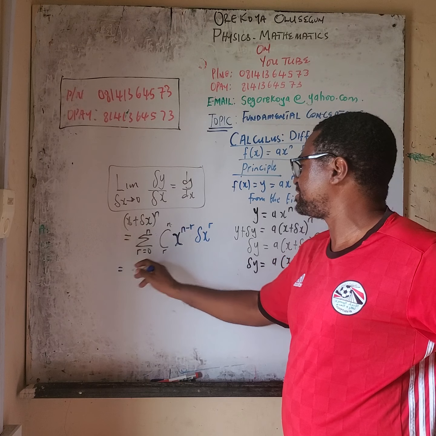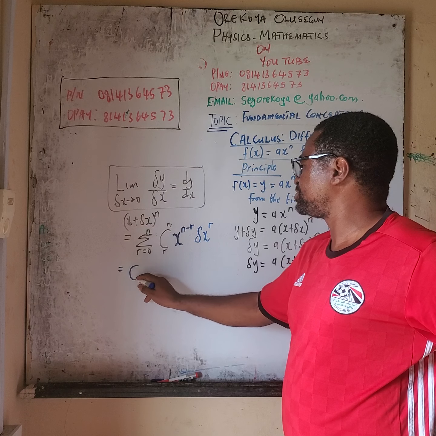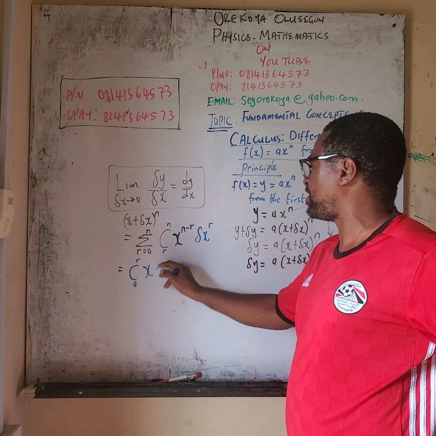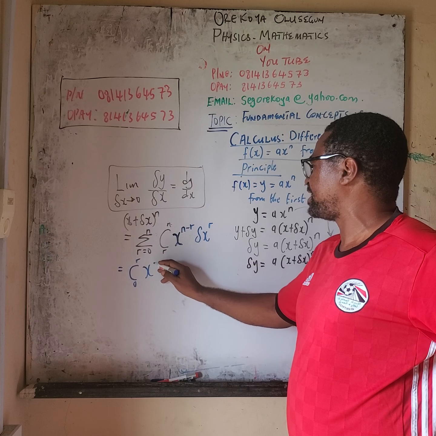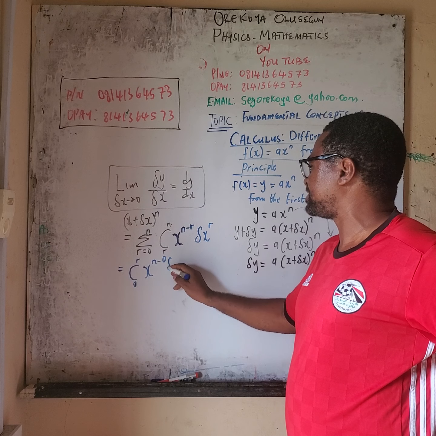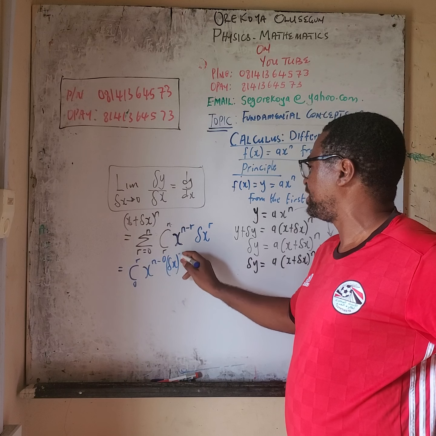So I can have this as the combination n choose 0, then x raised to power n minus 0, delta x raised to power 0.